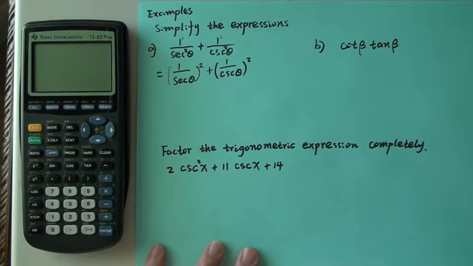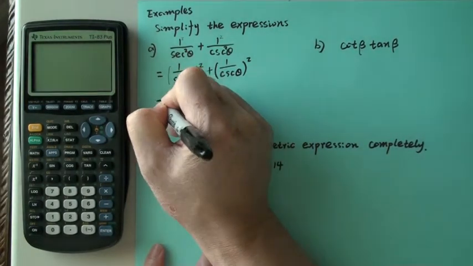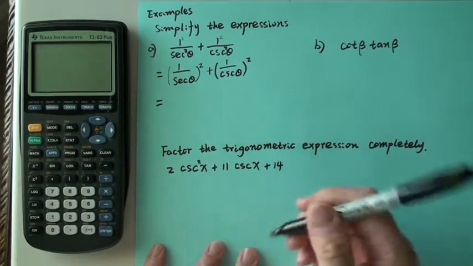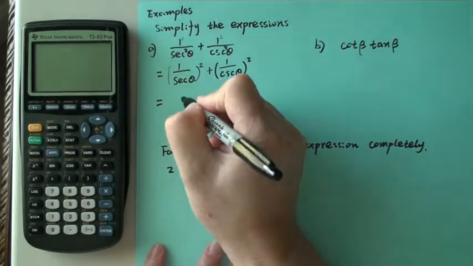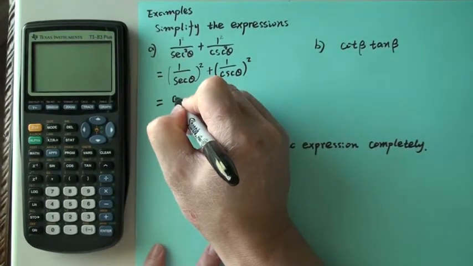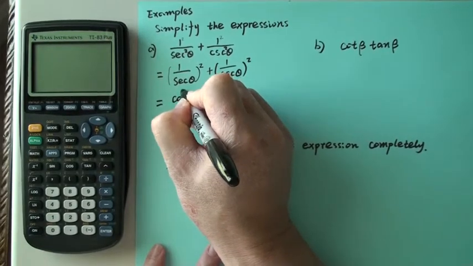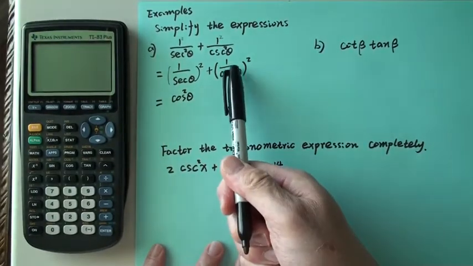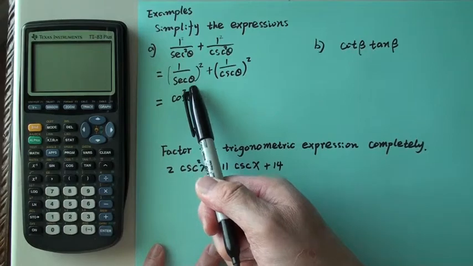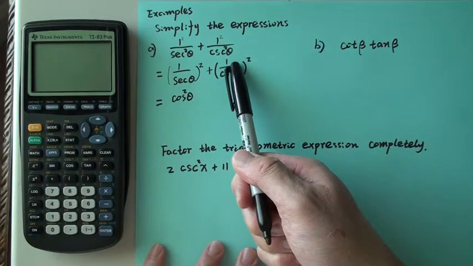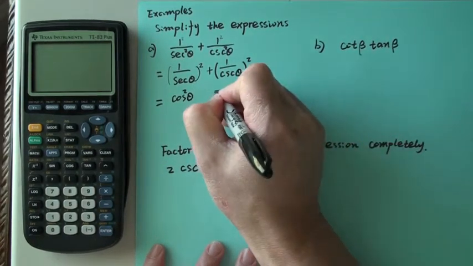Okay, up to this far probably you can recall what 1 over secant is actually cosine. And 1 over cosecant is actually sine.